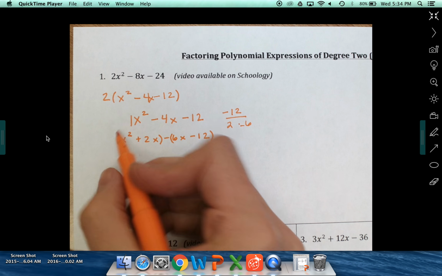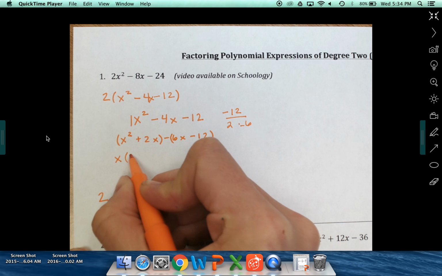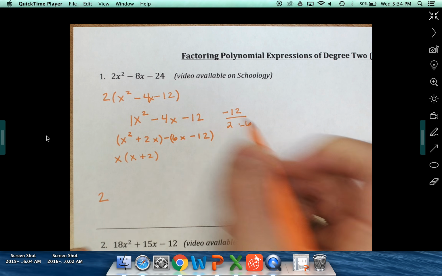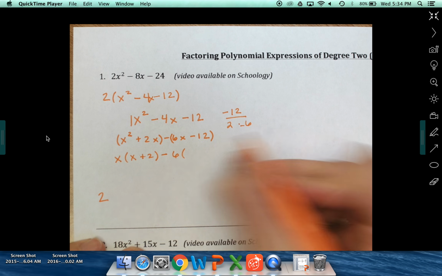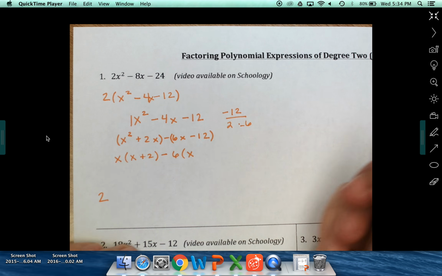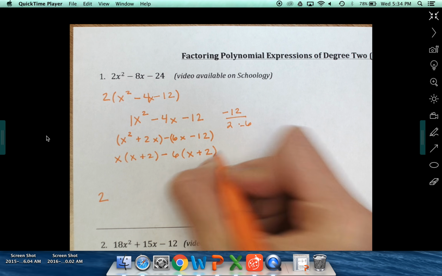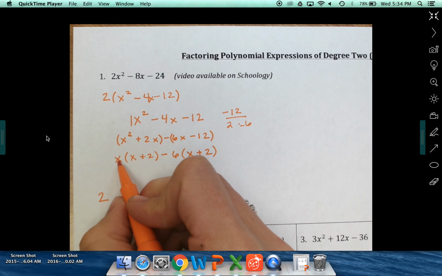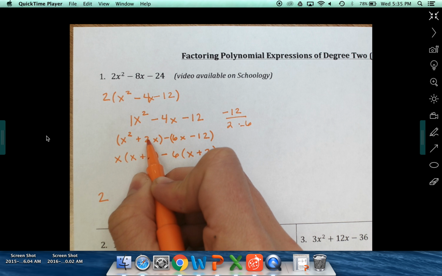Okay. So in this case, I can factor out an x, which would leave me with an x plus 2, okay, minus, I'll factor out a 6. That would leave me with an x plus 6 goes into 12 twice, okay? So notice x times x is x squared. x times 2 is 2x, right?